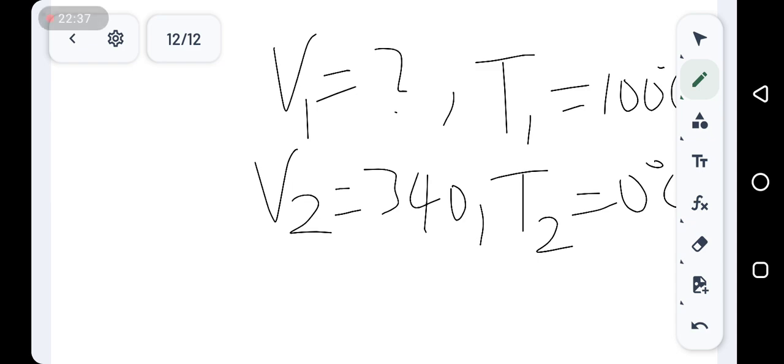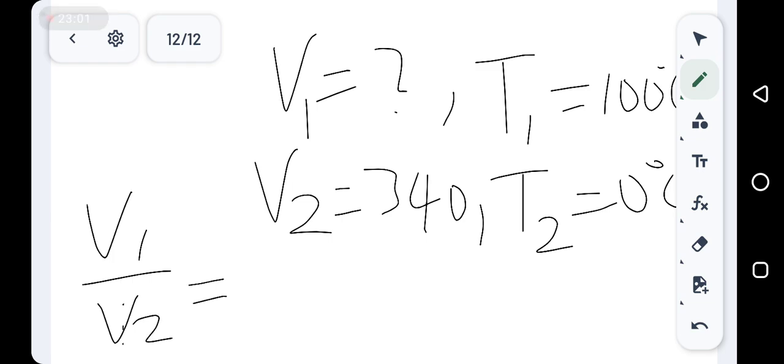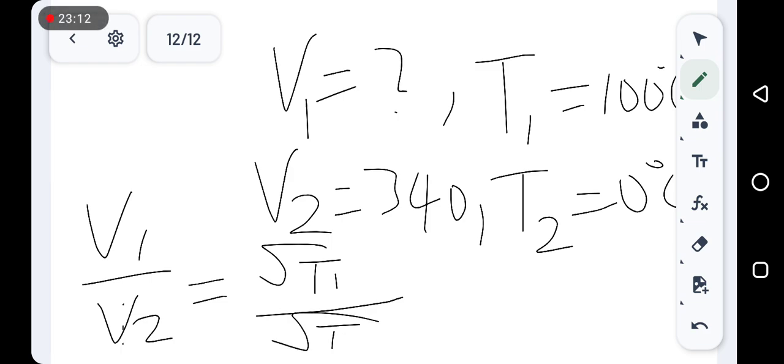Now, for us to solve an equation that involves temperature variation, we use this formula. The formula is V1 over V2 is equal to root T1 over root T2.